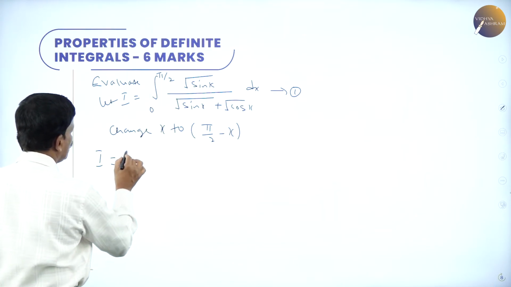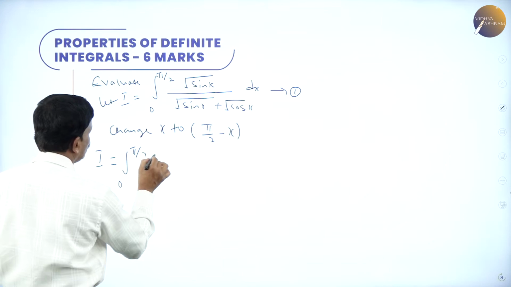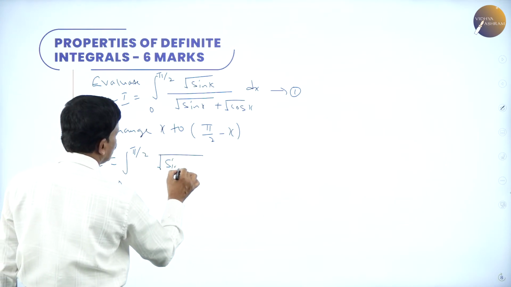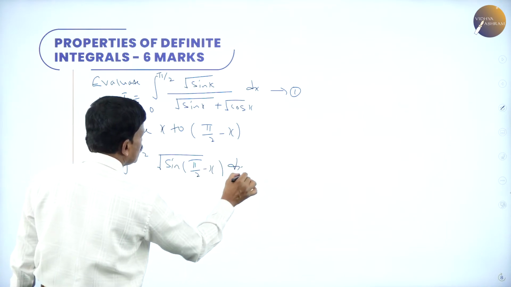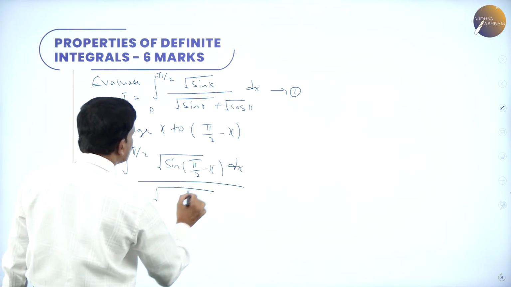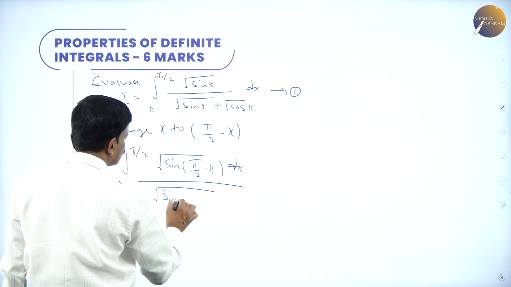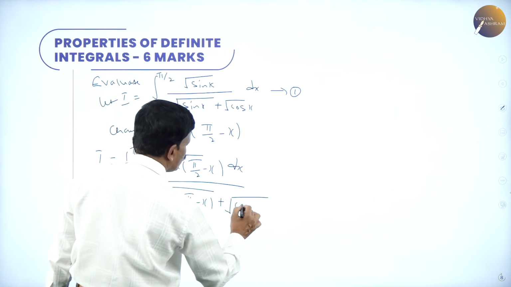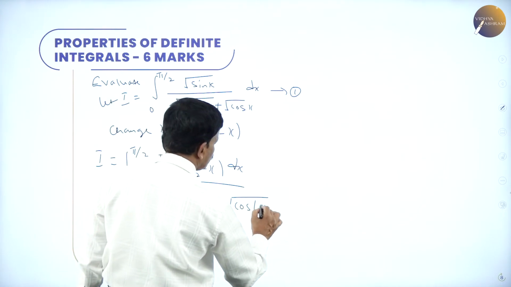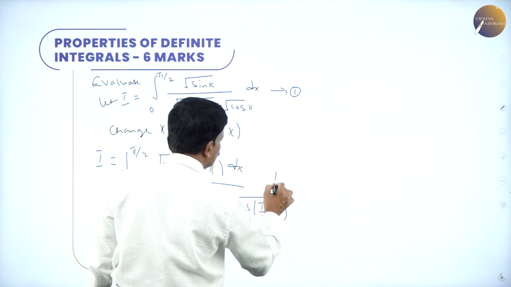So using this property, a + b − x, that is pi by 2 + 0 − x. This reduces to I is equal to integral 0 to pi by 2 square root of sin (pi by 2 minus x) dx divided by root of sin (pi by 2 minus x) plus root of cos (pi by 2 minus x) dx.